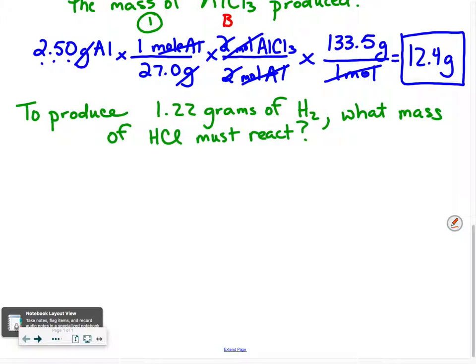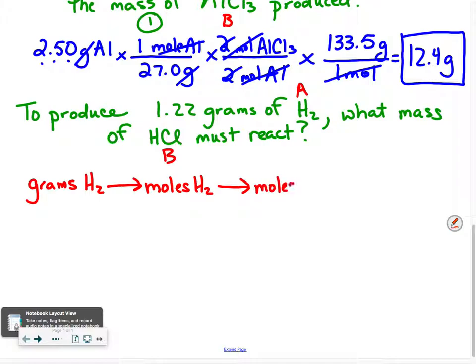That's good. So let's write out our little map of the steps. So we're starting with grams of H2, and we want to get to moles of H2, to moles HCl, to grams HCl. Okay, so these are 1, 2, 3 steps.